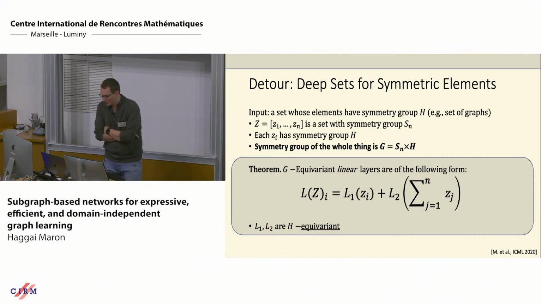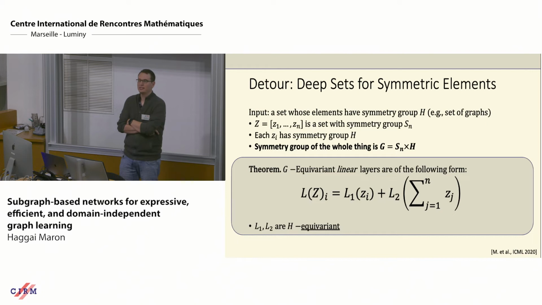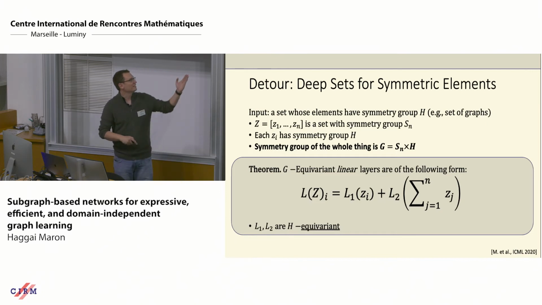And we give a characterization of linear equivariant layers in that case. So I remind you, linear equivariant layers are the basic building blocks that we use for convnets, for example. And this is the parallel of convolutions for this structure.